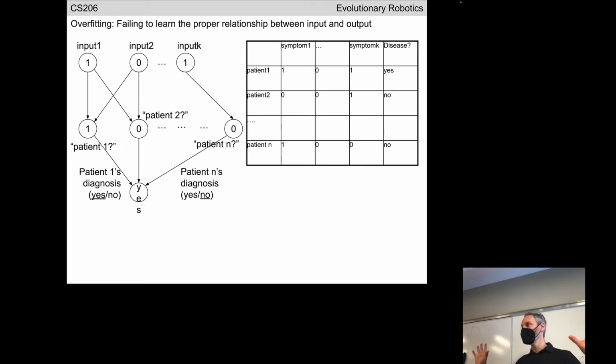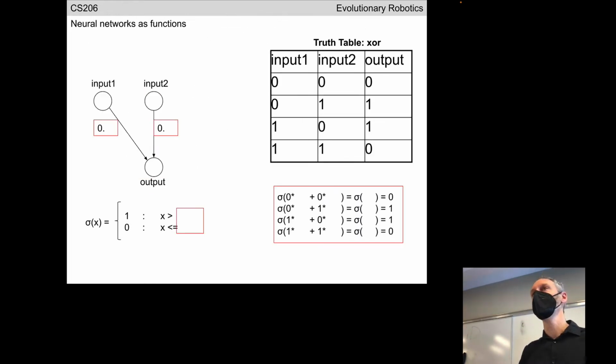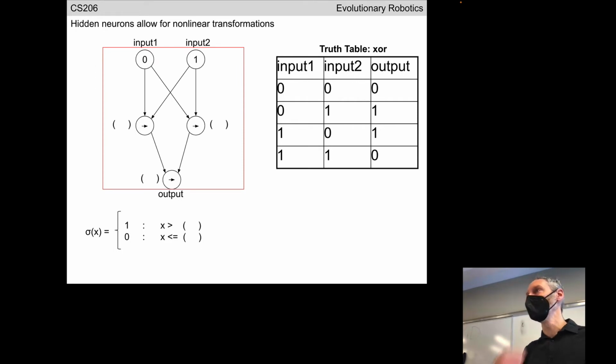So making the neural network too big is no good. And as we saw in the case when we were trying to build the XOR function, making a neural network too small, not having enough neurons and synapses, makes it impossible for the neural network to learn whatever function it should be learning. So we've got a bit of a Goldilocks problem. We want to create a neural network that's not too big and not too small for a given problem.